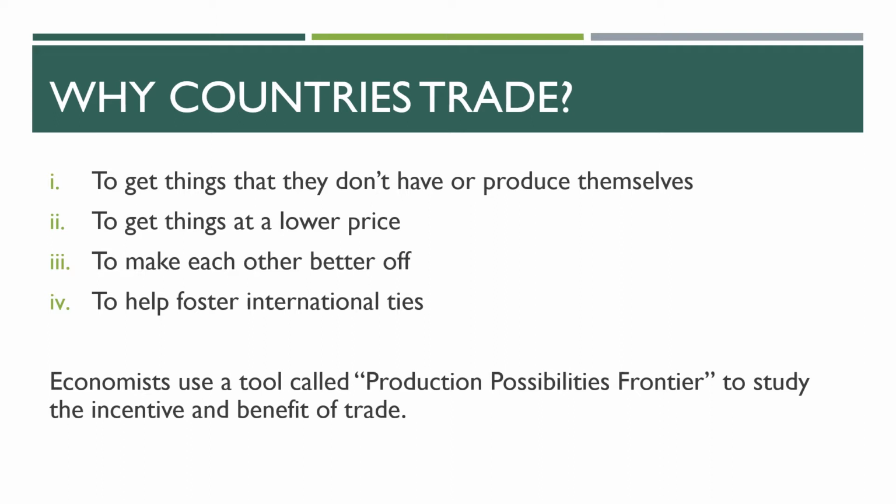This topic is not only applied to trade between countries. You can also apply this to your personal experience every day. Why sometimes you want to buy breakfast from McDonald's but not make it on your own, and why sometimes your friends ask you a favor to clean the house, and in exchange they are going to do something for you.